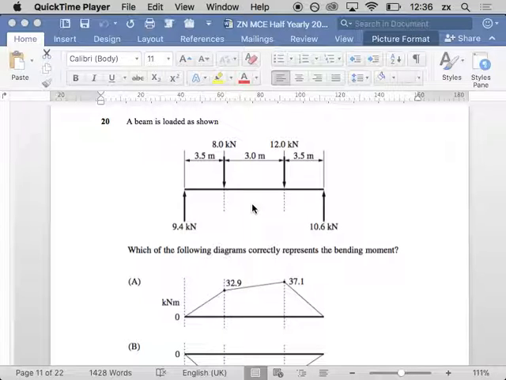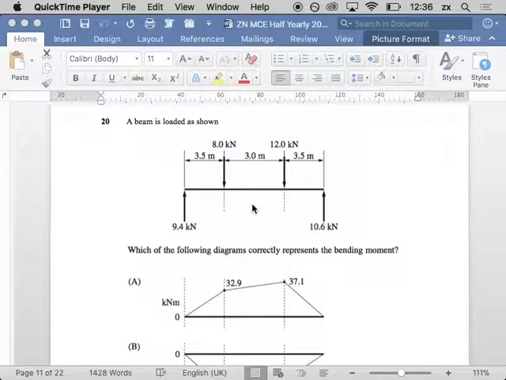Okay. First of all, what was our first area? 9.4 times 3.5. Good job, guys. Is 32.9. Thank you. No worries. Okay, what was our next area? 1.4 times 3. We're going to go 32.9 and we're going to add on 1.4 times 3, which is 4.2.